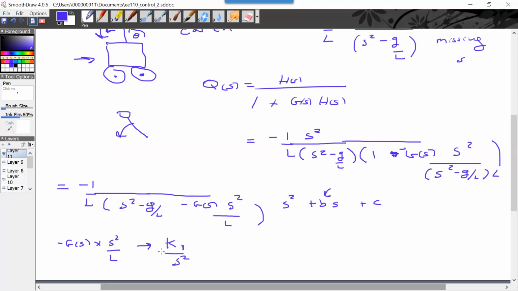And I'm going to have two things. But then I also need to turn it into positive. So I have k1 divided by s squared. Now that should take care of that. Oop, my mistake. I forgot about that. So minus gs times s squared minus this has to be greater than 0. All right.